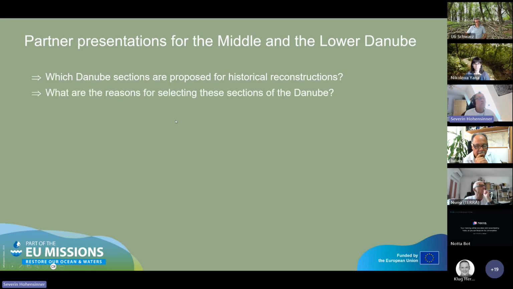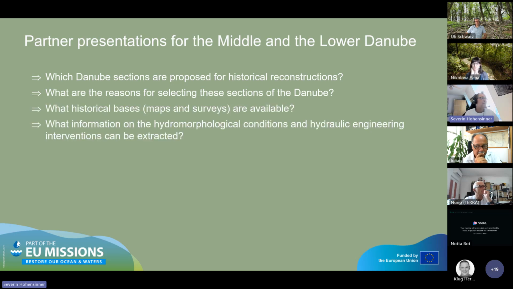What are the reasons for the selection of the specific sections? What historical sources are available? What information on hydromorphological conditions and hydraulic engineering interventions can be extracted out? What can be seen in the maps?